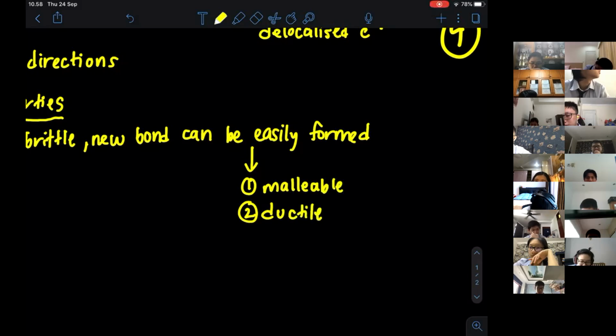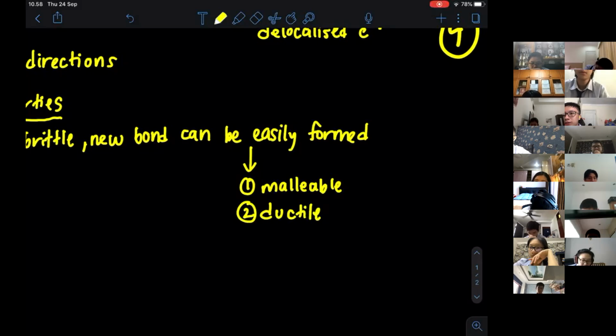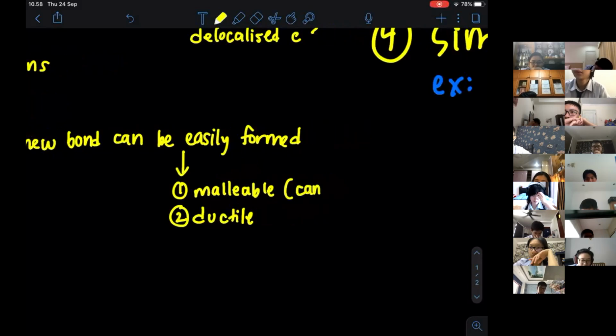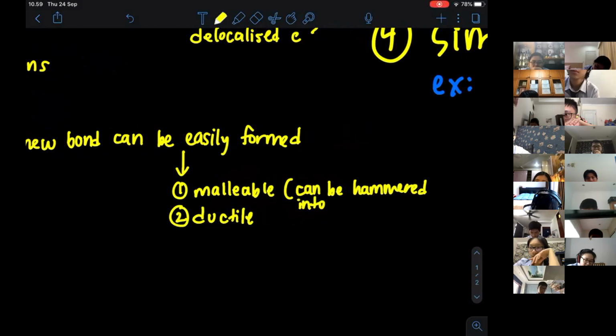Malleable, can you explain, Benedict? It can be hammered into different shapes, it can be changed. And ductile?